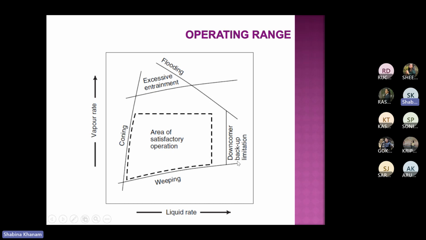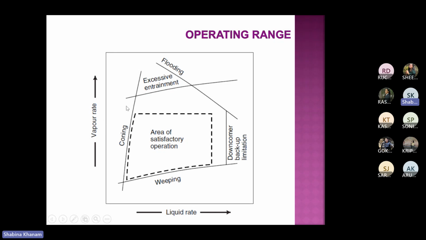And if I have a higher liquid flow rate and the vapor flow rate keeps on increasing, we have downcomer backup, which has a particular limit, and if we do not adjust this, we can have the flooding condition. Flooding condition will occur at varying flow rate of liquid from low to higher.